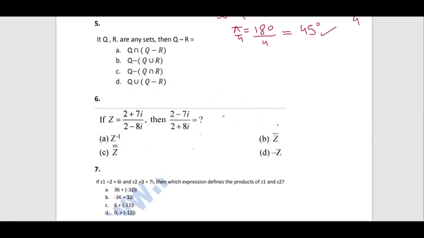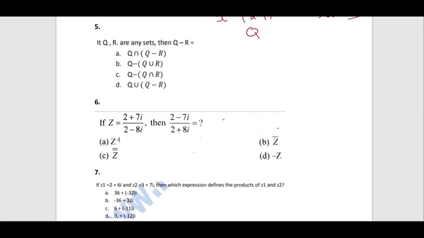Now, let's talk about the fifth question. If Q, R are any sets, then Q minus R is what? Think of Q as a set, and R is our second set.